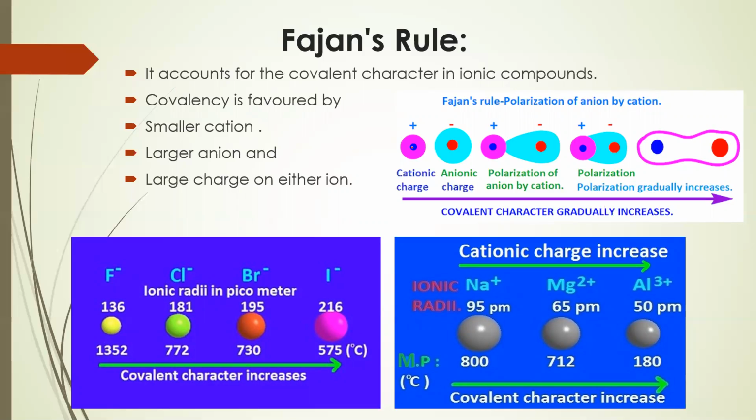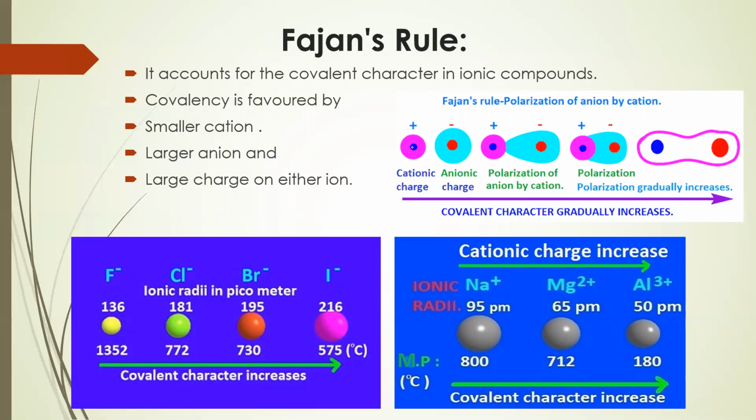So it becomes very difficult for those kinds of atoms to transfer their electrons, that means to lose their electrons. So covalent character gradually increases between a smaller cation and a larger anion, and with larger charge on either ion.